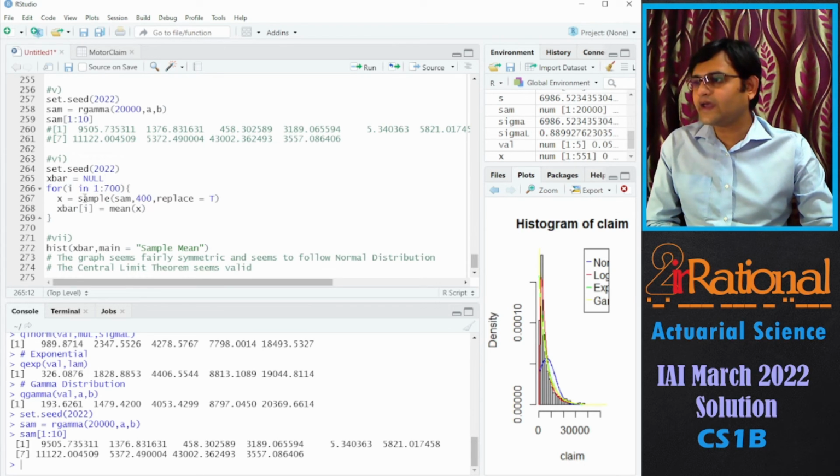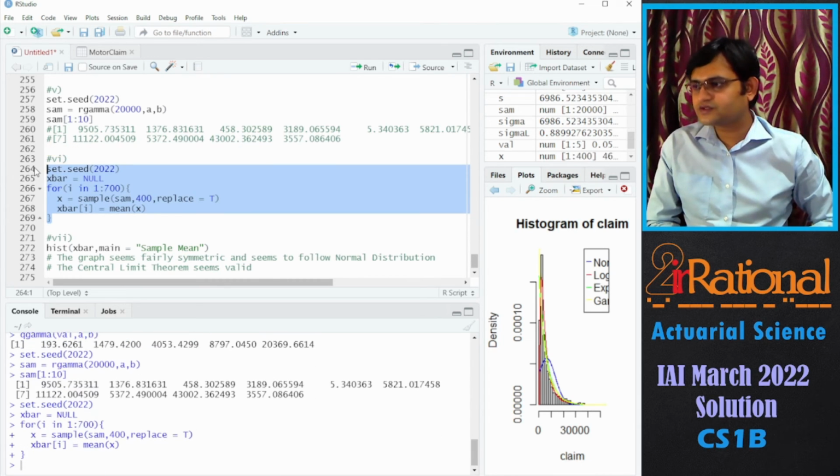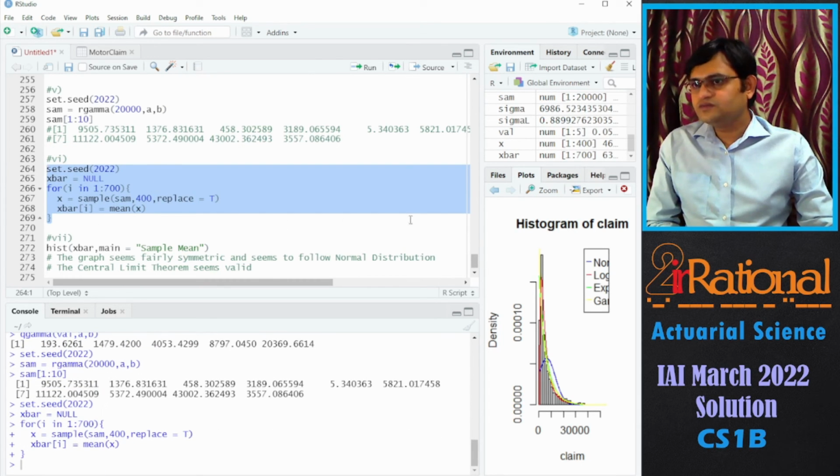In the for loop, x will be equal to the sample from this SAM, that is the sample created here. We want size 400 and we want replace to be true. Then we have to create x bar, and I am storing it in the x bar ith value. Okay, so we'll run this. So I have 700 x bar values here.